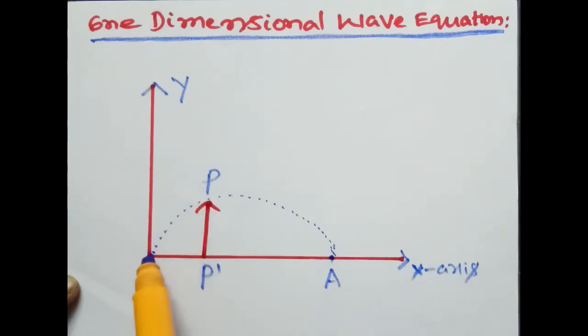After that, we are slightly displacing the tightly stretched string through a distance p dash from its equilibrium position OA.